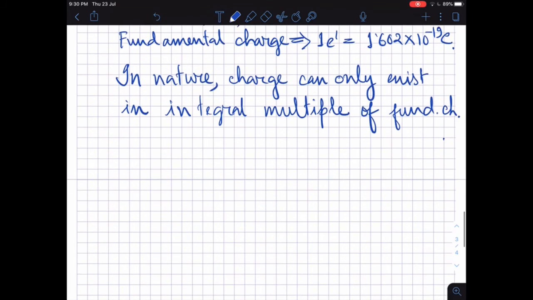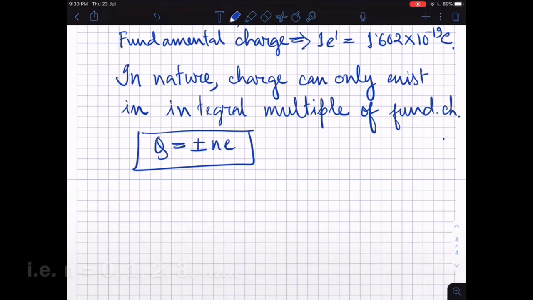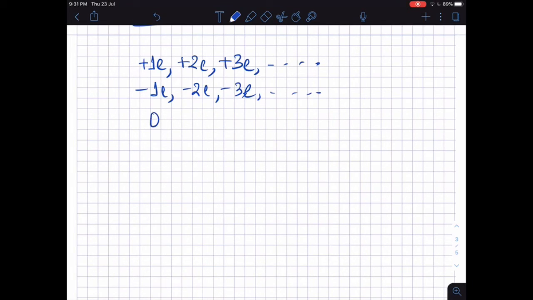Which means the charge that exists in nature is either a positive integral multiple of the charge of an electron or a negative integral multiple of the charge of an electron. So in nature charge can exist only in the form plus 1e, plus 2e, plus 3e, and so on, or minus 1e, minus 2e, minus 3e, or 0 coulomb.